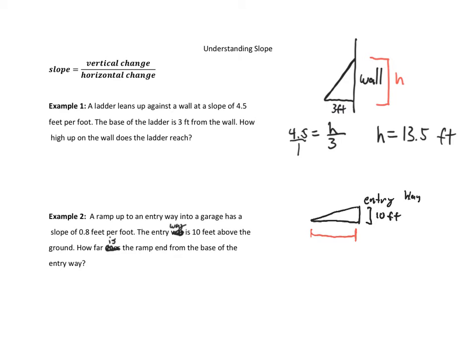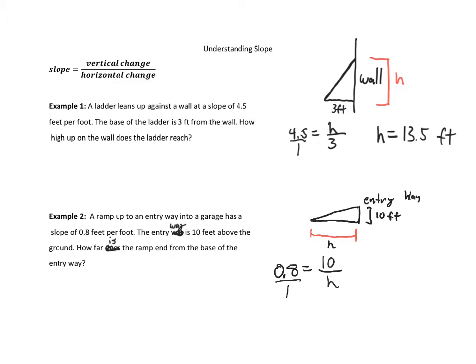In this example, we're looking to find, and we can use h for horizontal change. So here we're trying to solve 0.8 equals our vertical change over our horizontal change.